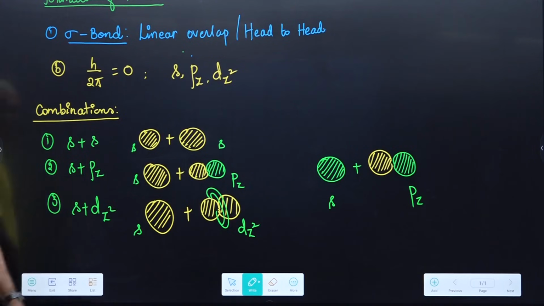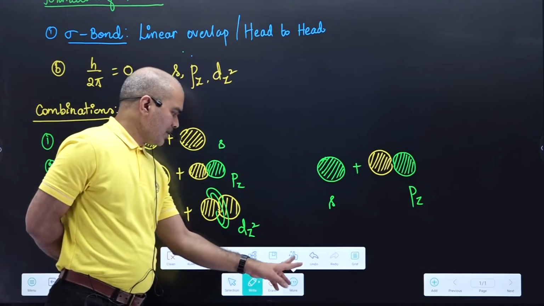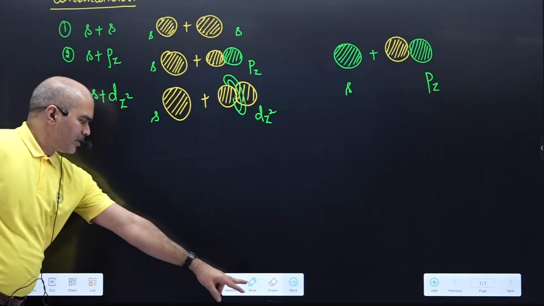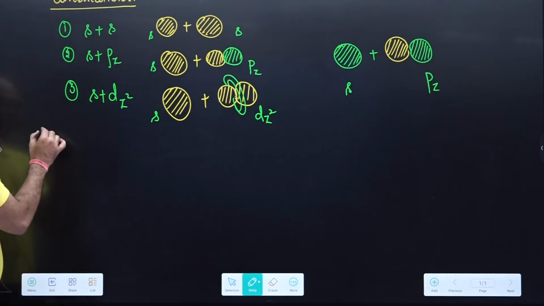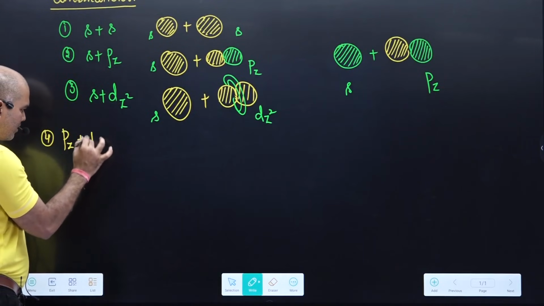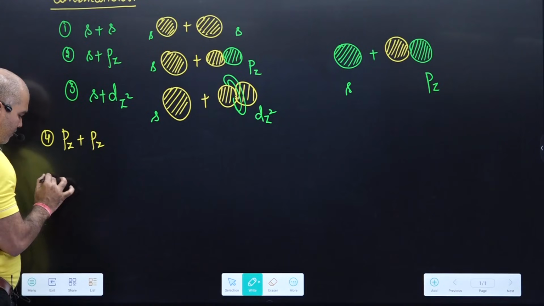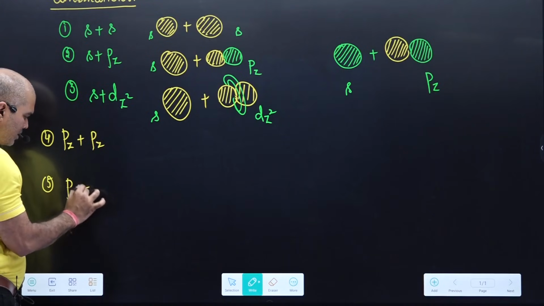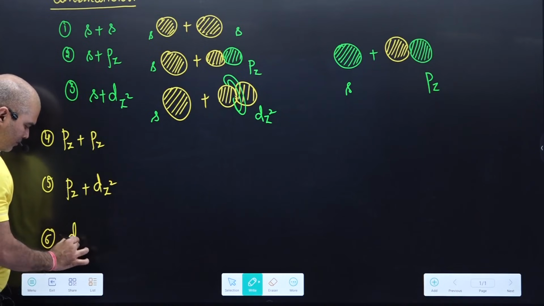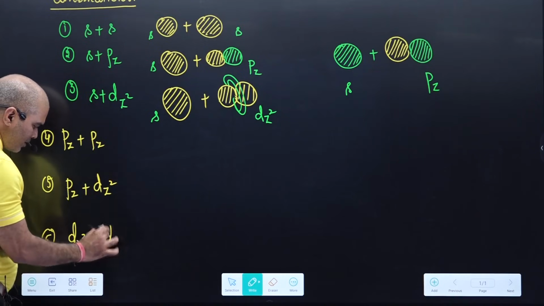Any other combination, S with S, S with pz, S with dz square can give you sigma. All S combinations are done. Now let me take pz with pz, pz with dz square, dz square with dz square.